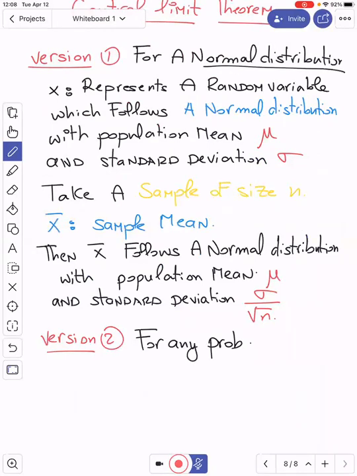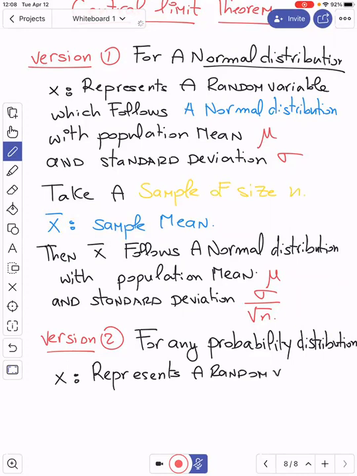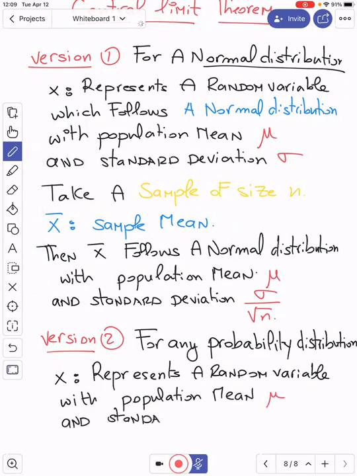You have your variable X, a random variable which follows some random probability distribution with population mean mu and standard deviation sigma.